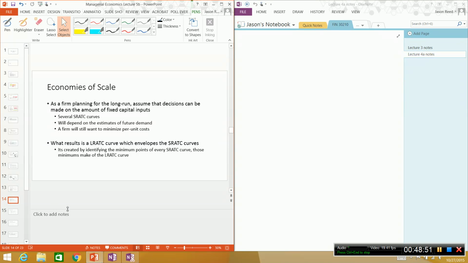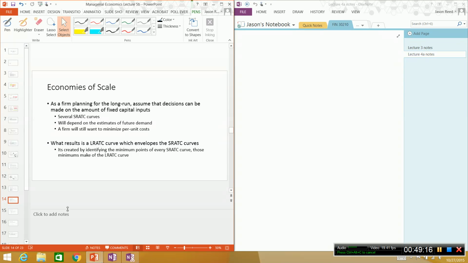So how do we then build this long run average total cost curve if we know what it's going to look like to some degree? So as firms plan for the long run, they assume that different scalable options can be made for fixed capital inputs. So we can scale our firm to be really small to really large. And so we're going to create several different plans.